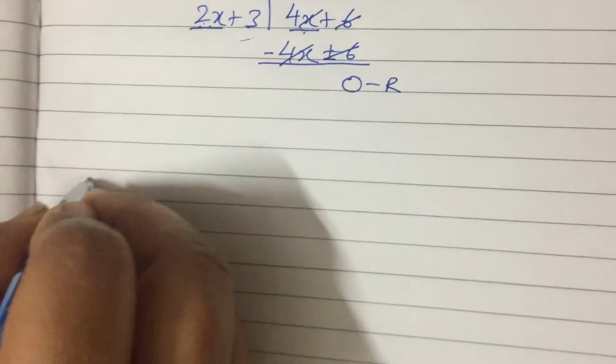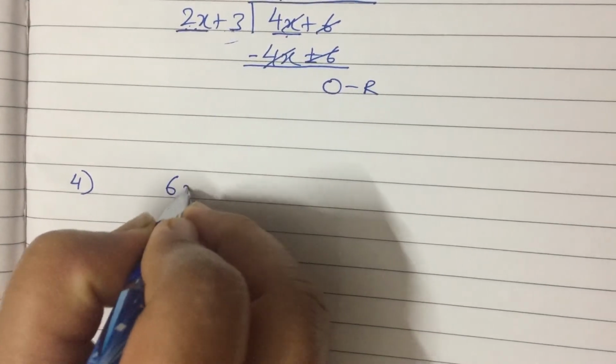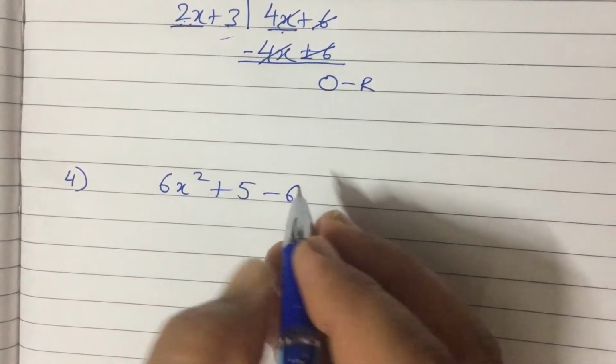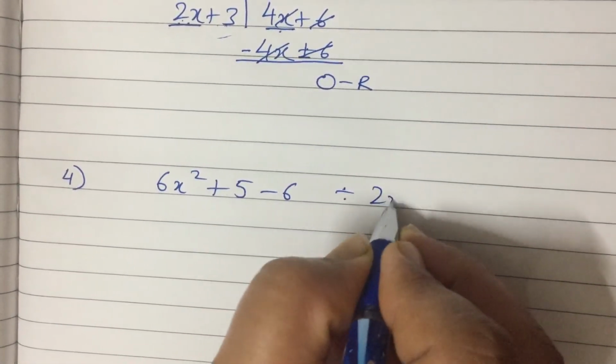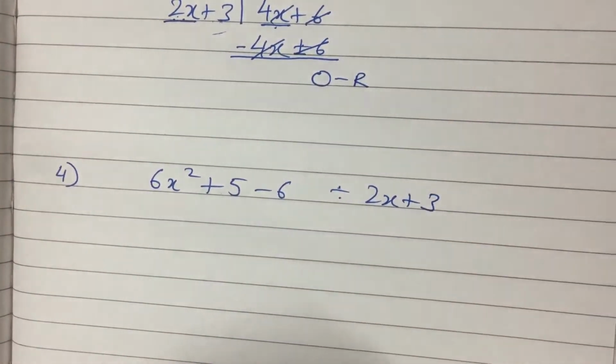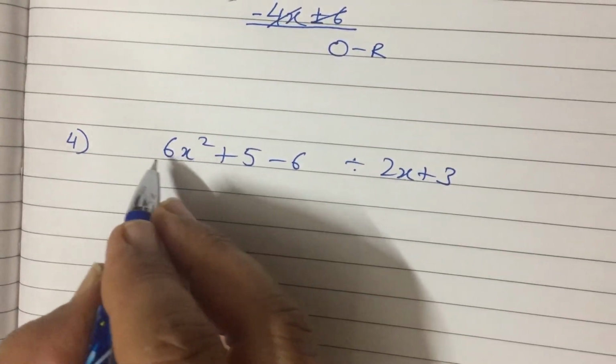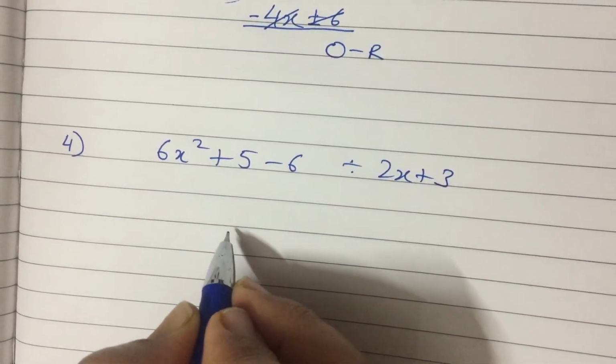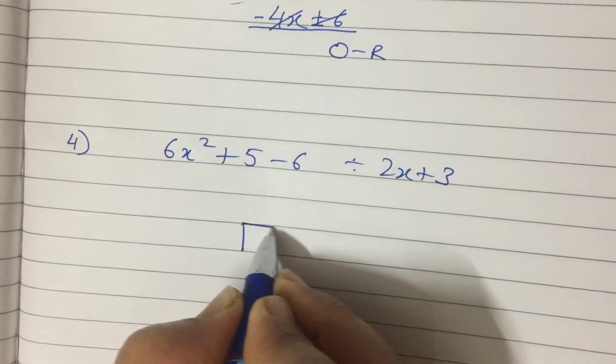The fourth example is 6x square plus 5x minus 6. I want to divide by 2x plus 3. If I try to do it by splitting the middle term, I could have done it, but now I am going to try to divide it directly.